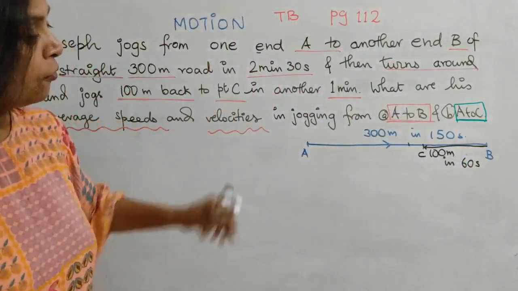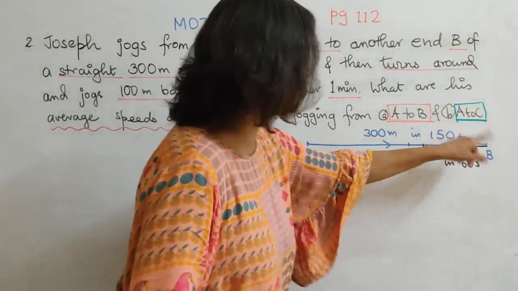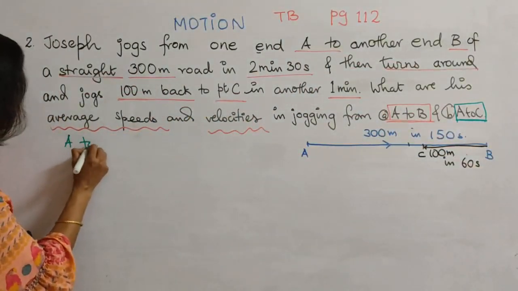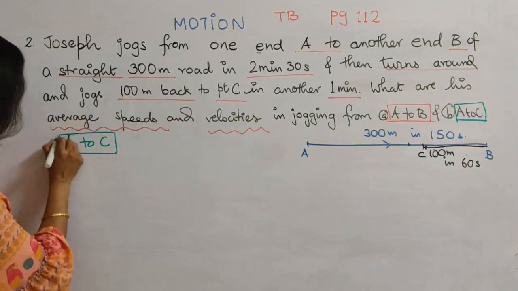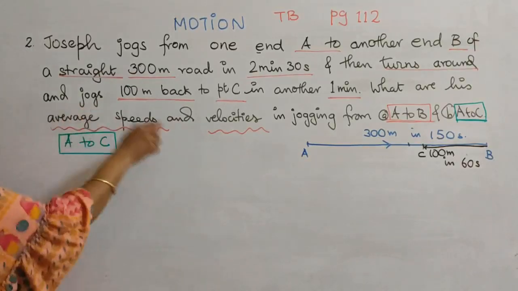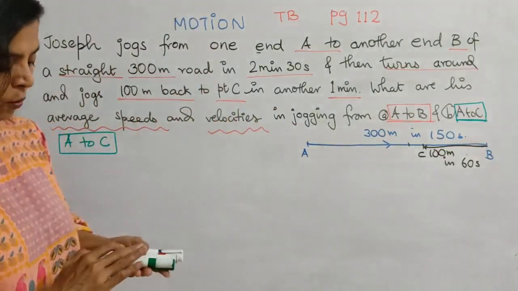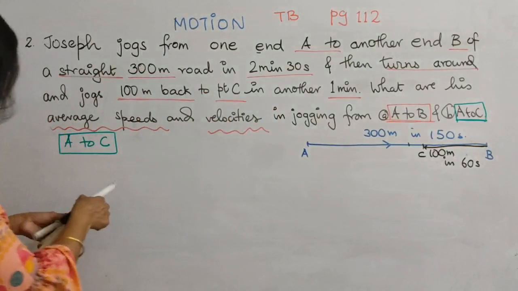So now for this case, that is A to C, I would like to write here A to C. We have to calculate the average speed and the average velocity, right? So let us understand, what is average speed?